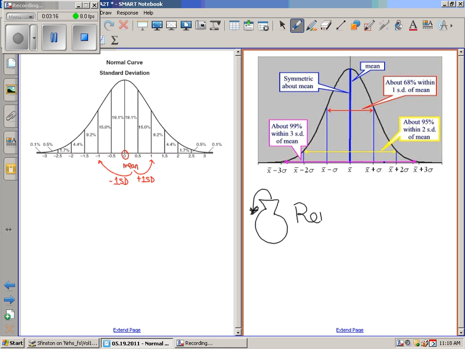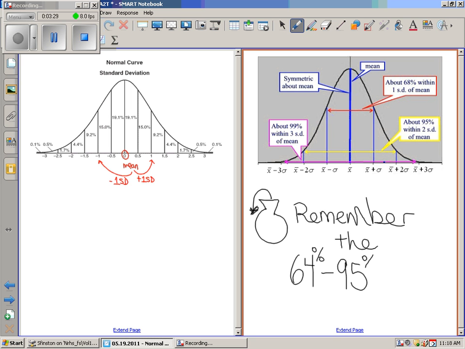And you have to remember the 68, 95, 99 rule. Oh, I'm sorry about that. Not 64, 68. 68. Where do we get this rule from? We get it from above, from the bell shape.